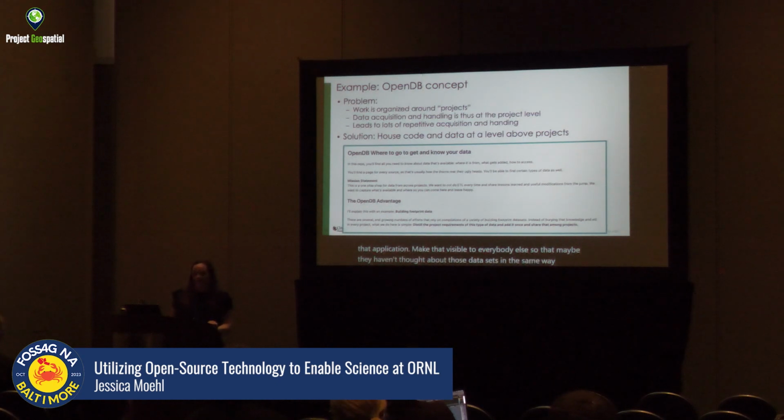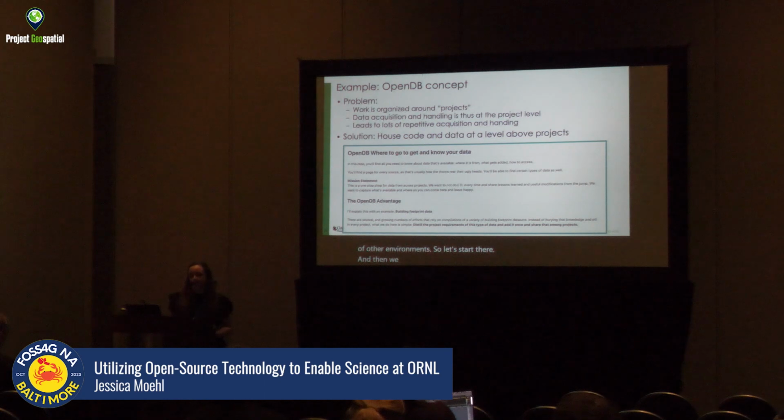And that's where we get to this kind of open database concept that we have right now. If we're going to build a production workflow, PostGIS is working really well for us in a lot of other environments. So let's start there, and then we can experiment on how we want to make that data accessible and communicated among our teams.